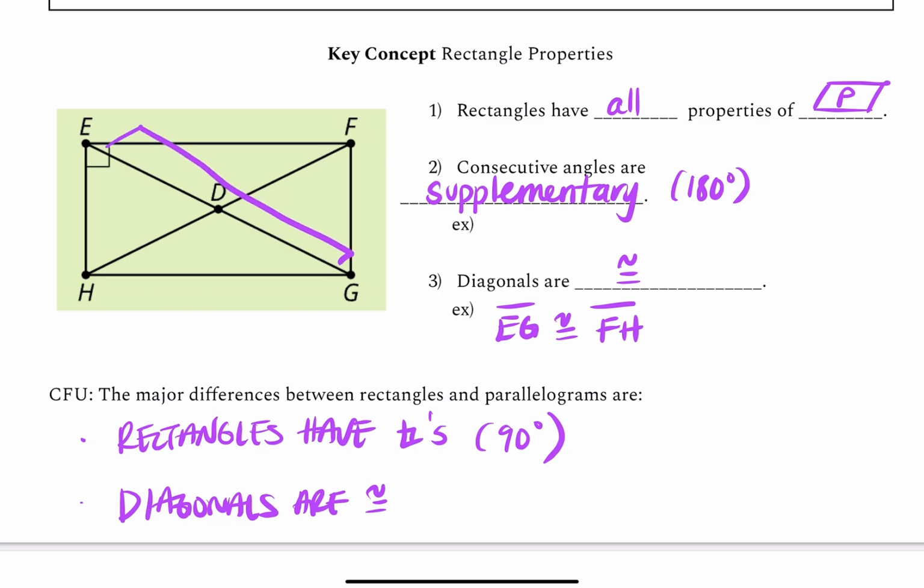So these diagonals are congruent, but also these bisected lengths are also congruent.